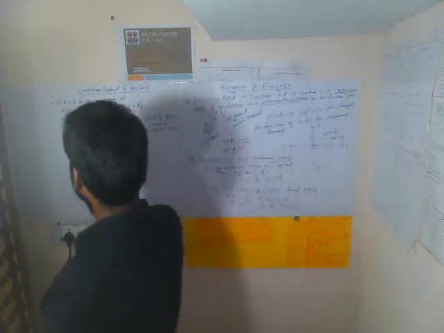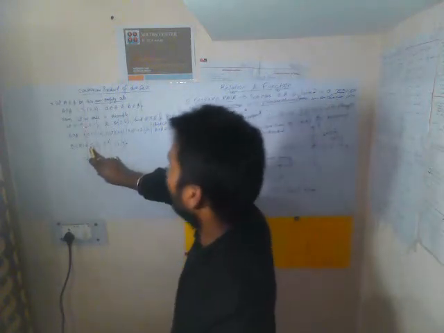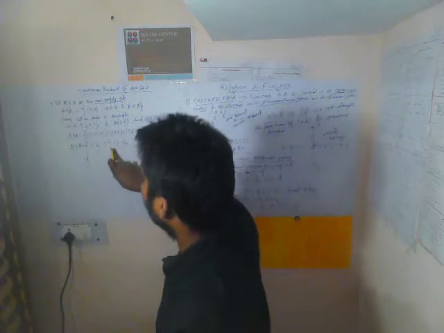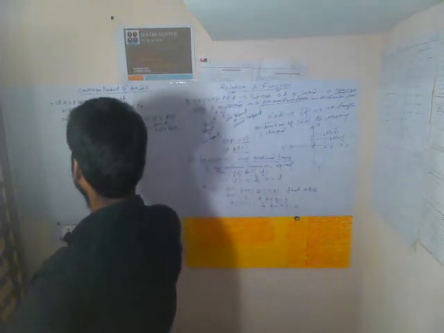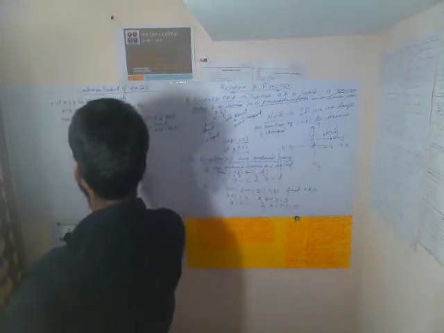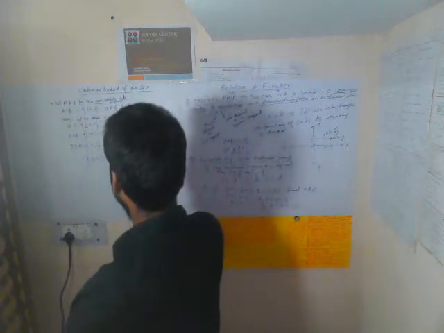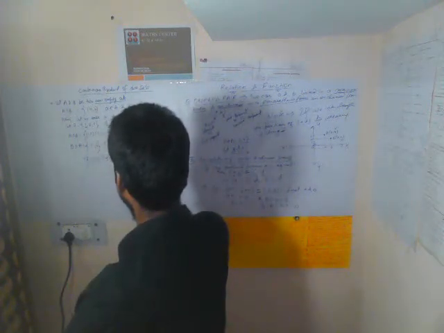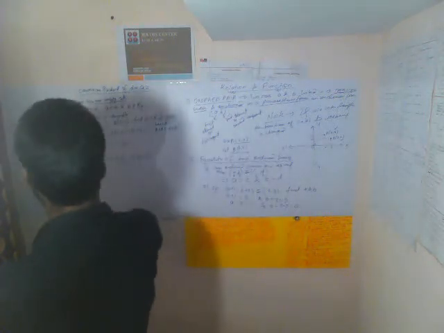Now after solving, we go in the same way. The first element of the first set makes an ordered pair with each element of the second set: (5,1), (5,2), (5,4), and in the same way (6,1), (6,2), (6,4). This is the value of B cross A.